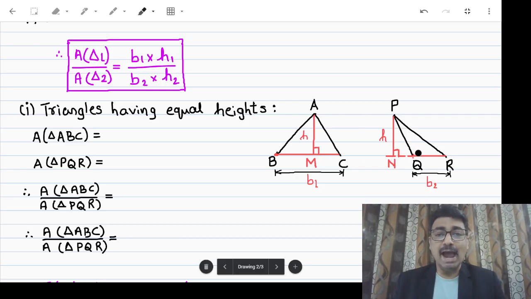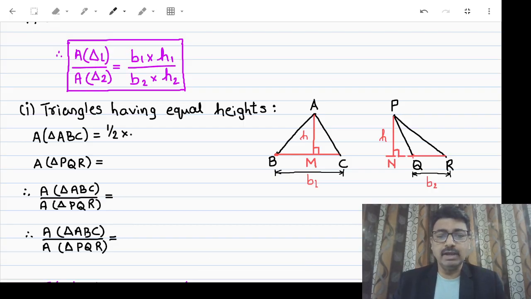For triangle ABC and PQR, the bases have different lengths, say B1 and B2, but their heights have equal lengths, that is, H and H. Then what do we have from this formula, area of triangle 1 upon area of triangle 2? B1 into H1 upon B2 into H2. Still, if I just write for area of triangle ABC, it's going to be half into B1 into H, and for area of triangle PQR it's going to be half into B2 into H.